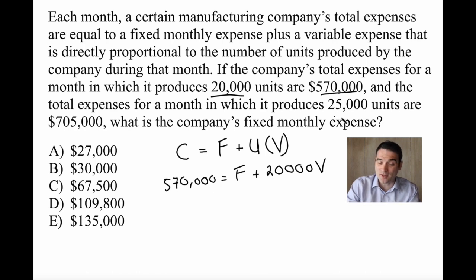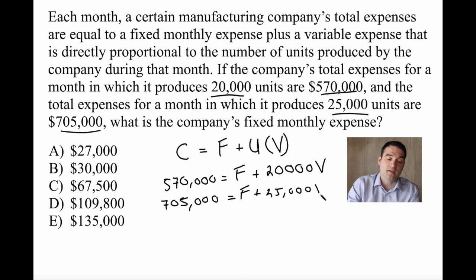And then the second equation comes from this. The total cost is $705,000, and that's equal to the fixed cost plus 25,000 times the variable cost.